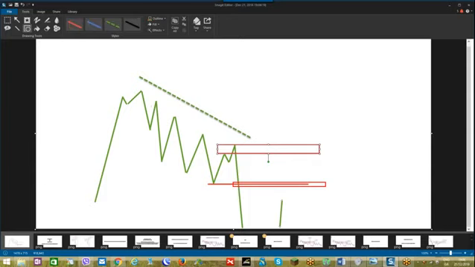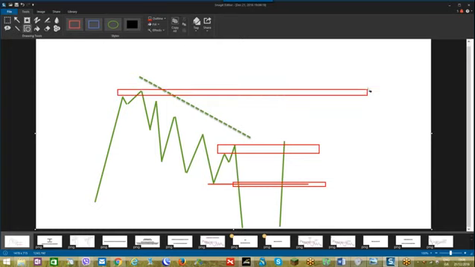Now you know about compression, you know that once we get into the actual compression, we're going to get to the other end of that compression before we can break where we actually came from. So if price breaks into this, it is, without a doubt, going to find its way up to the tip of the compression.